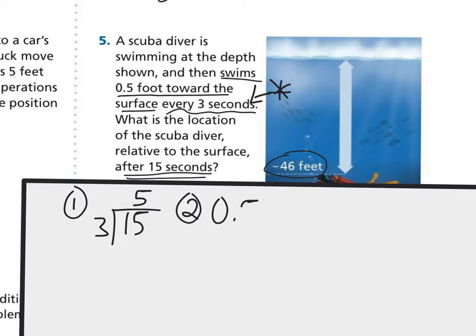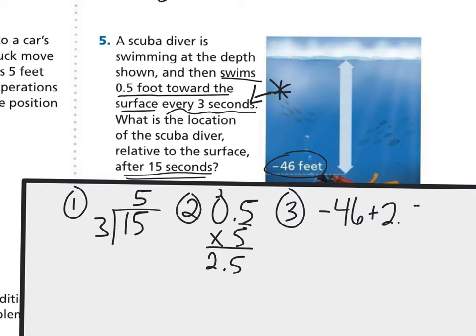So 1/2 foot, they're changing by that 5 times. So that would be 2.5. So they're actually going up 2.5 feet. They're starting at -46, and they're going up by 2.5 feet.